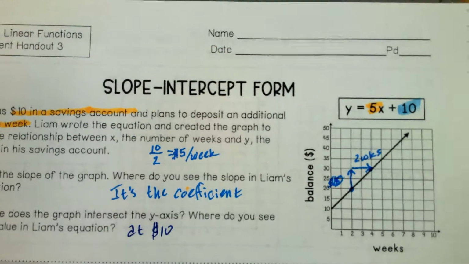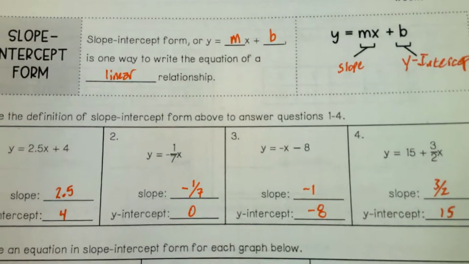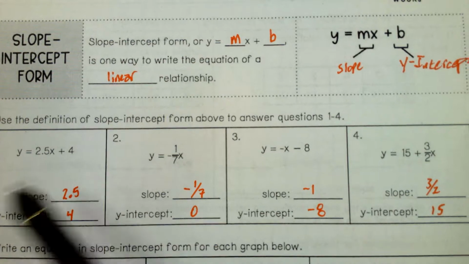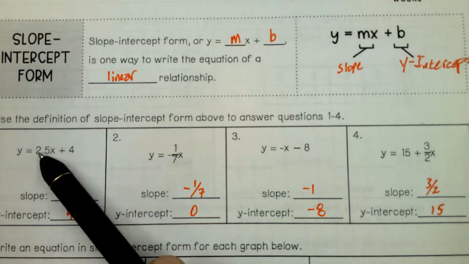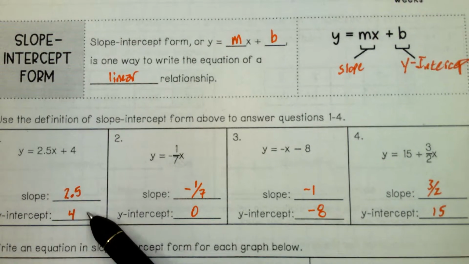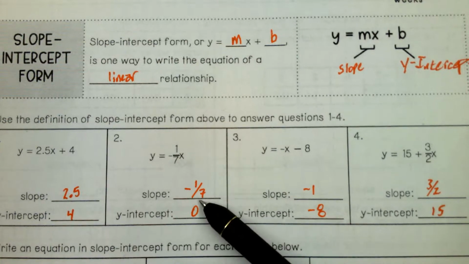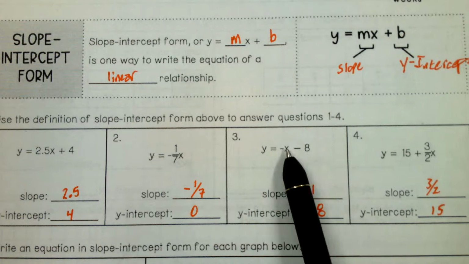Okay, so compare what you got to what I have. For number 1, as long as you find the coefficient and the constant, you have the slope and the y-intercept in that order. So this is the slope and the y-intercept. Here it's negative 1/7, and since we don't have a constant, it's 0.